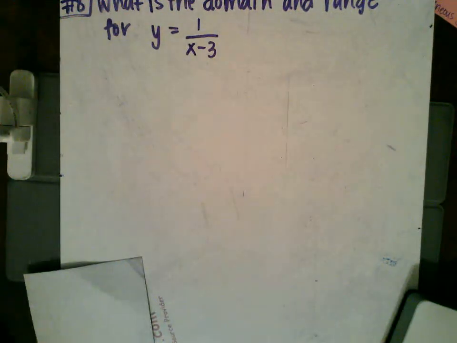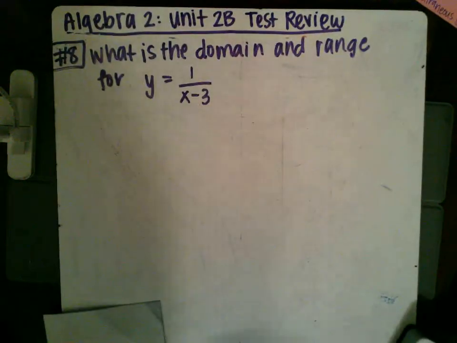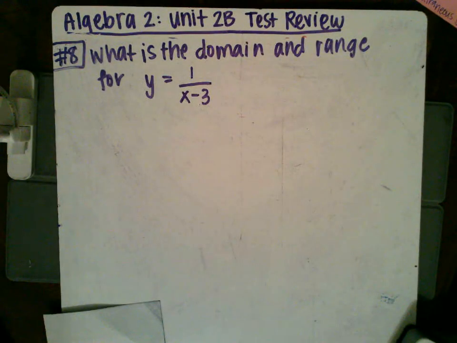So in order to find our domain and our range, let me move this down. What is the domain and range for this rational expression? And the things that interrupt domain and range for us are horizontal asymptotes, vertical asymptotes, and holes.